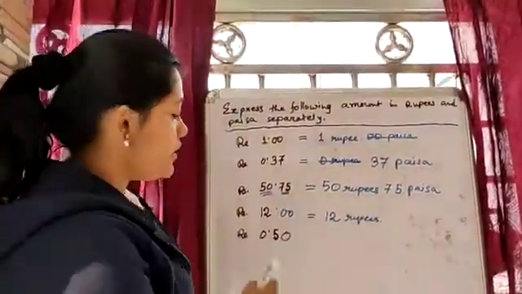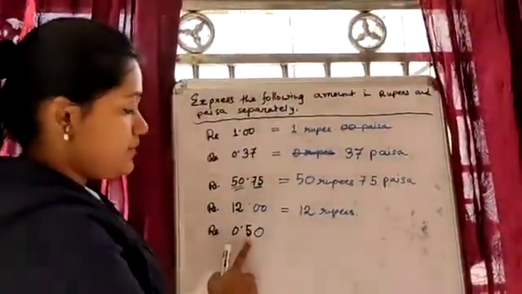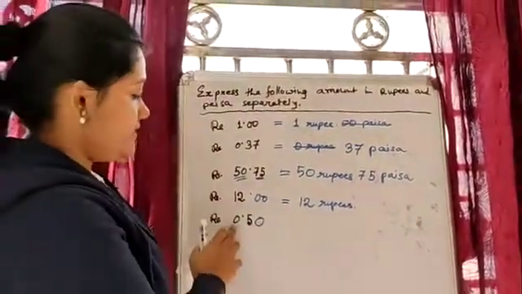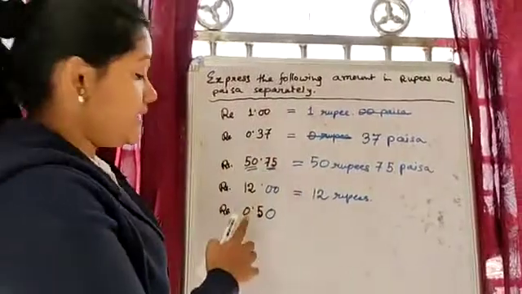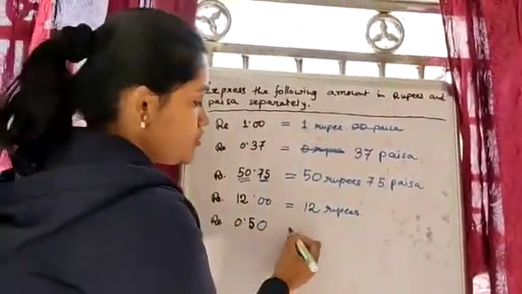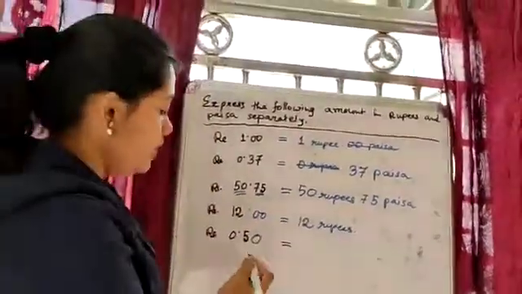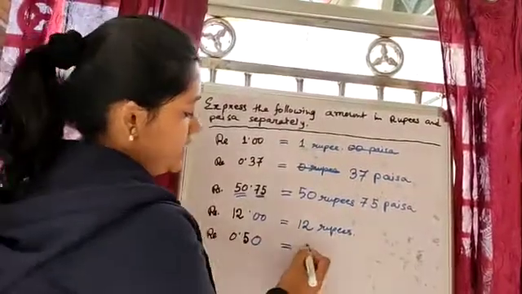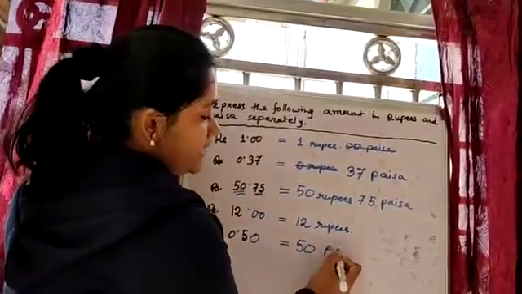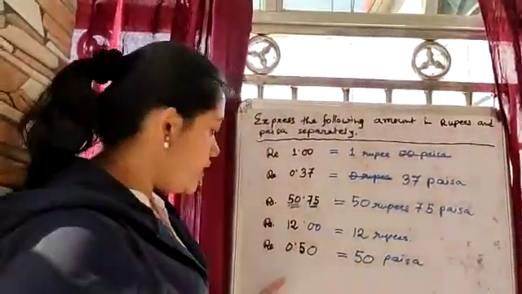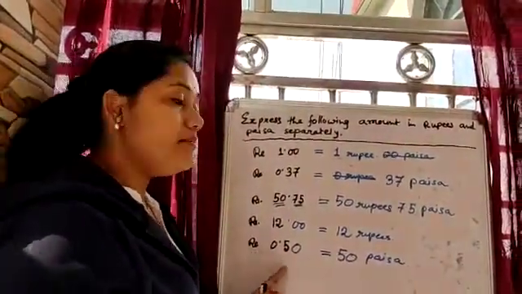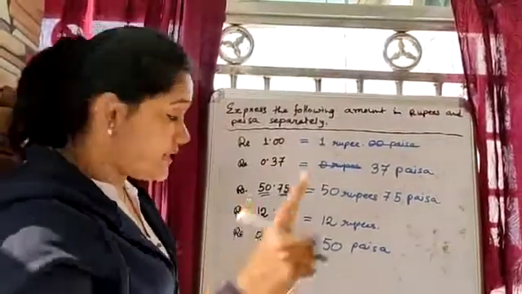Both are the same. Now after the decimal point 2 digits are there. Before the decimal there is only 0, so 0 rupee we are not going to write down. So 0.50 is 50 paisa. So 0.5 rupee means 50 paisa.